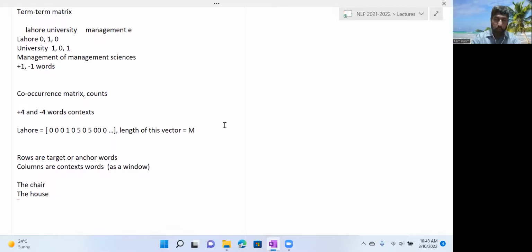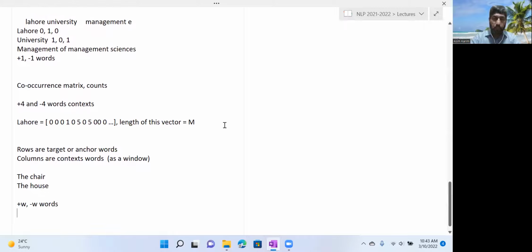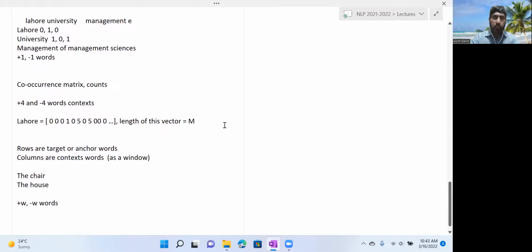So window length, as I said, is plus W and minus W words. W, of course, could be 1, 2, 3, 4. So if W is small, let's say you just take a small window, +1, +2, or -2, or +1 or -1, you will usually be capturing syntactic relationships. Syntax is also related to grammatical structure. So this would be more highlighted.